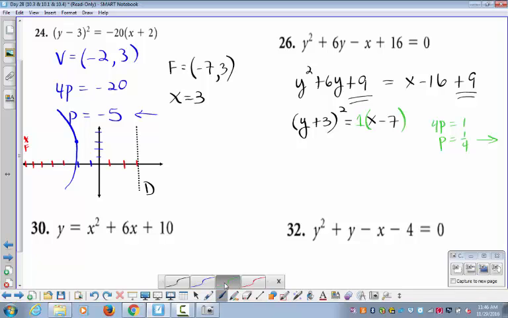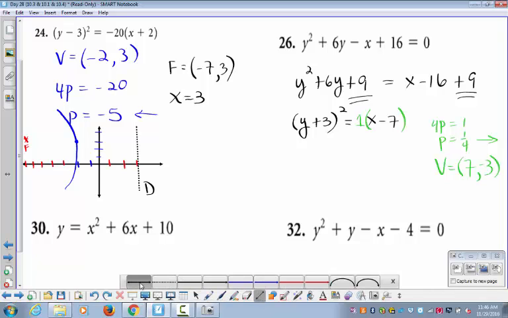And what is the vertex? 7, -3. We go to the x group to figure out the x value of the vertex. We go to the y group to figure out the y value of the vertex. Now we draw a picture.